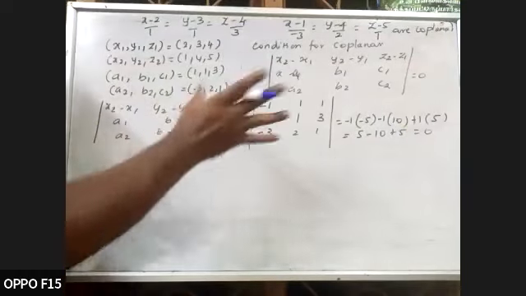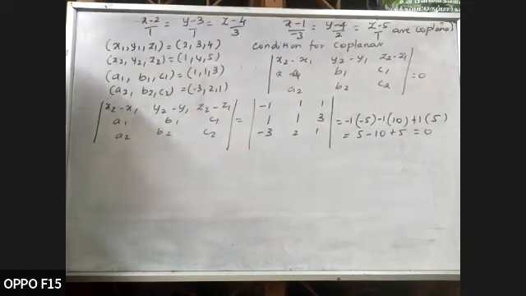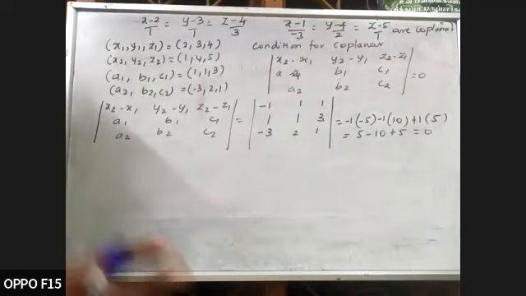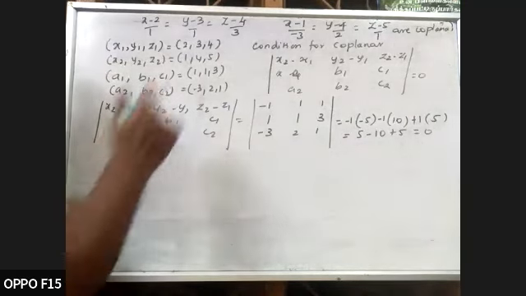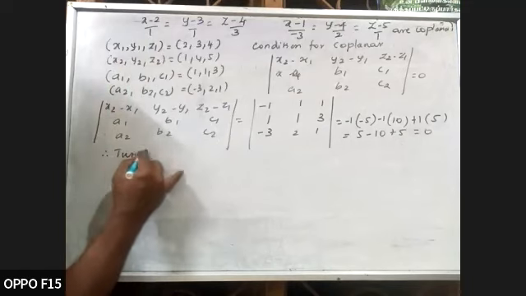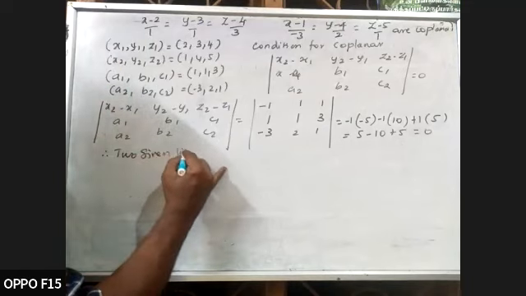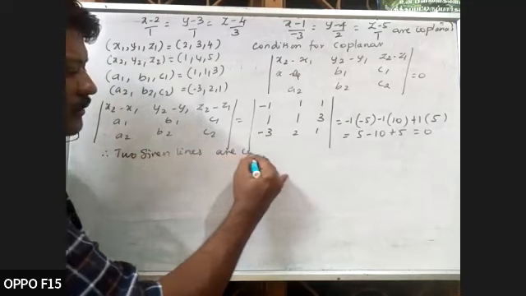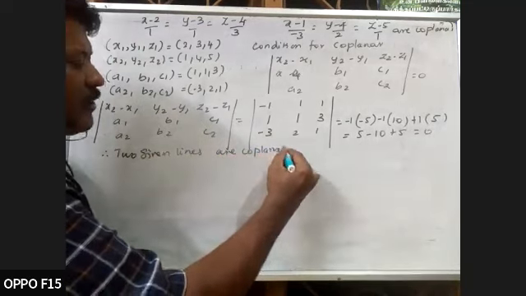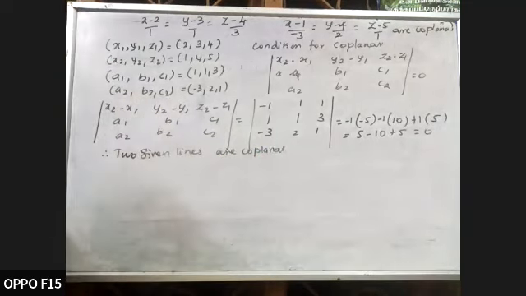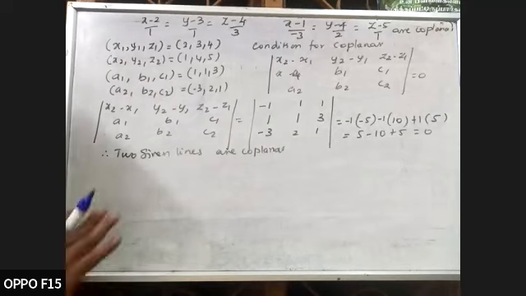Therefore the answer is 0, so I can say the given lines are coplanar. What do you mean by coplanar? It lies in the same plane. The two given lines are coplanar.